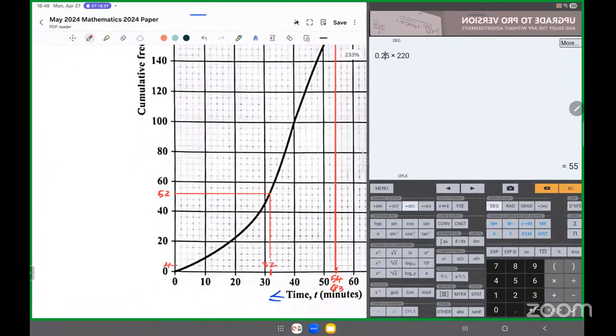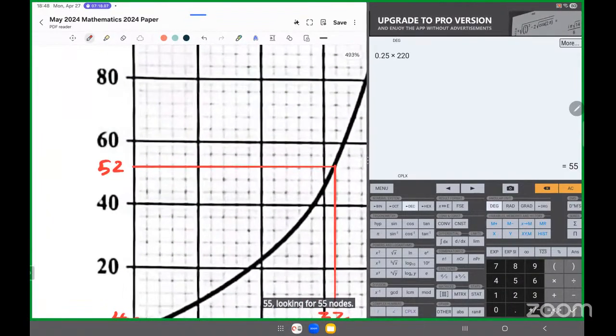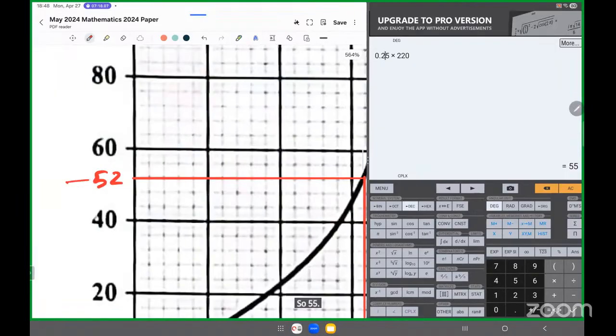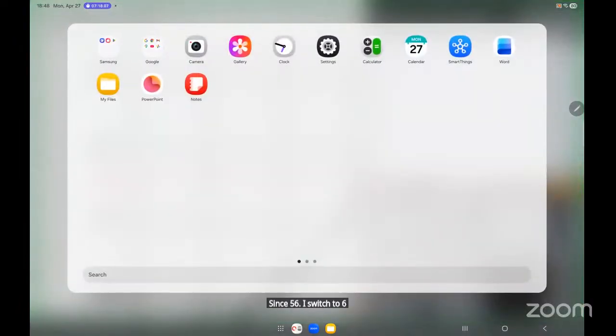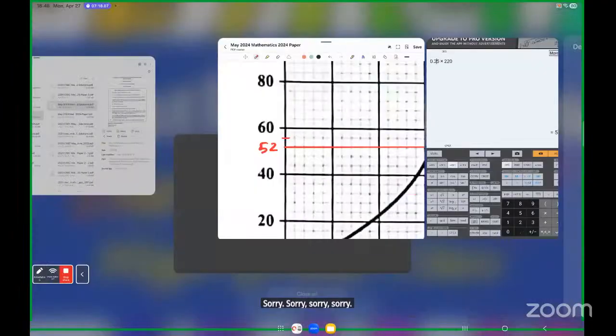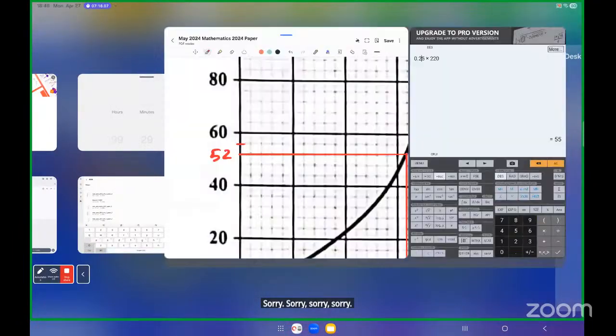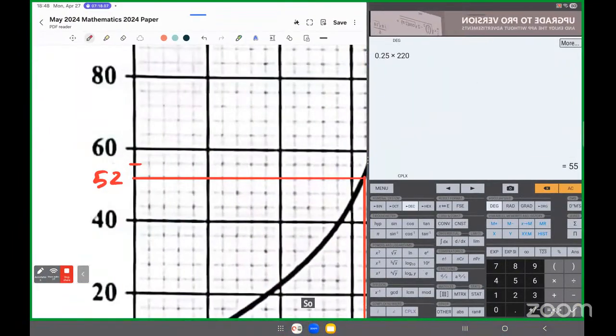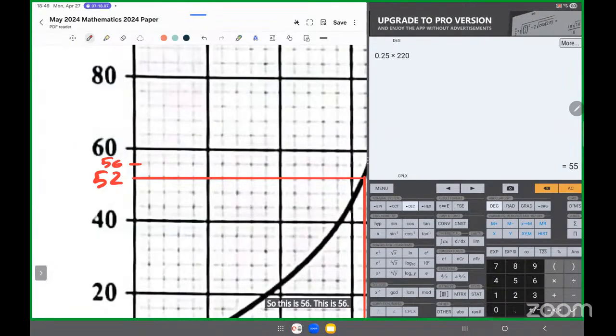55, looking for 55 now. So 55, this is 54, this is 56. So 55 is just below the 56.